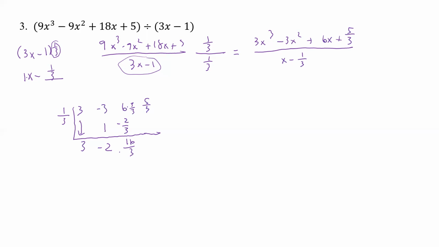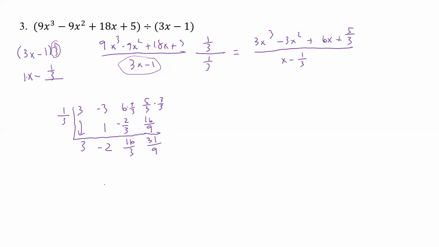Now if we multiply that by 1/3, that's going to be 16/9. But that's not a common denominator, so we multiply by 3/3. So we have 15 plus 16/9. So 15 plus 16 is 31/9.